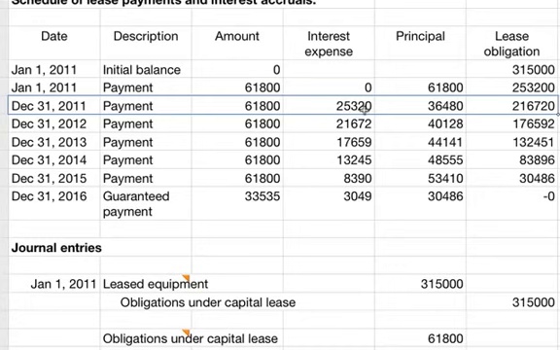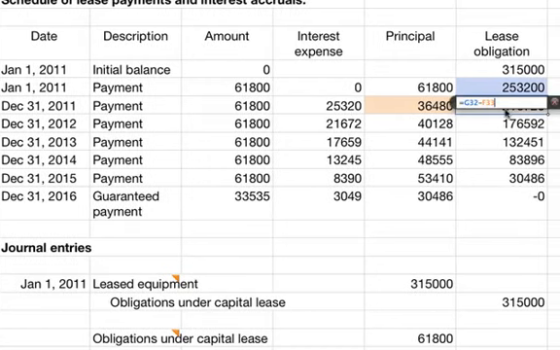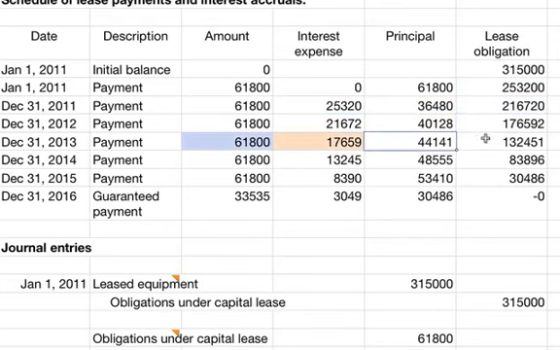The way you get that is you take the previous lease obligation times 10%, and that gives you $25,320. You subtract that number from the payment amount, and that leaves you with the amount going towards the principal. Then you reduce the lease obligation by the principal amount, not by the full payment this time, and that follows the same pattern all the way down.